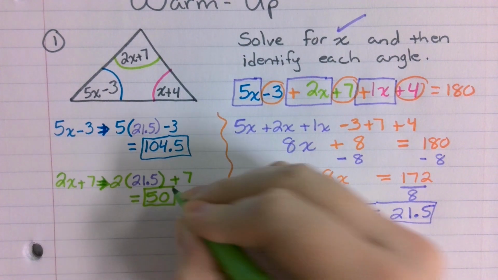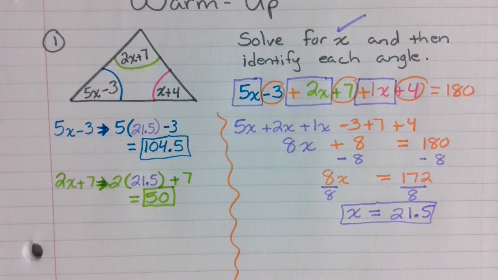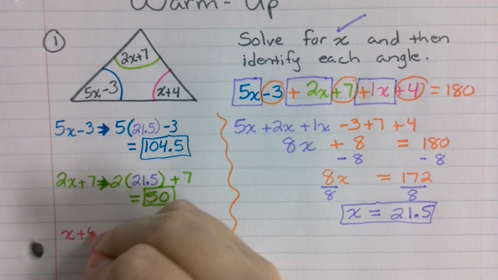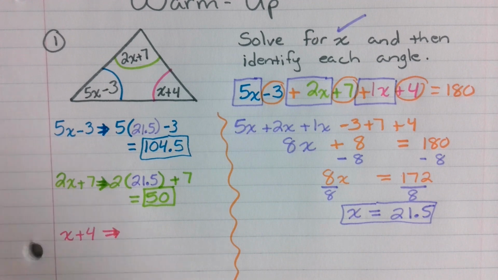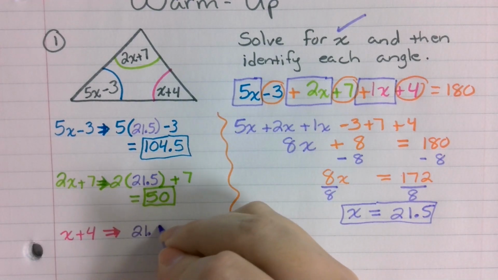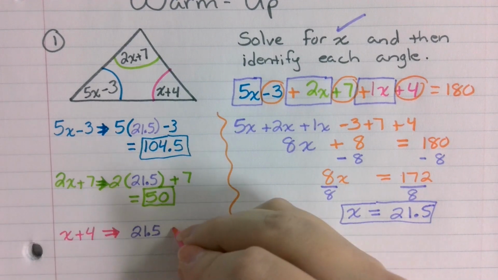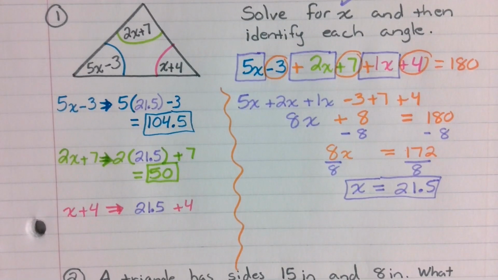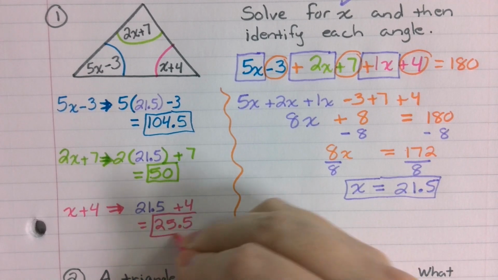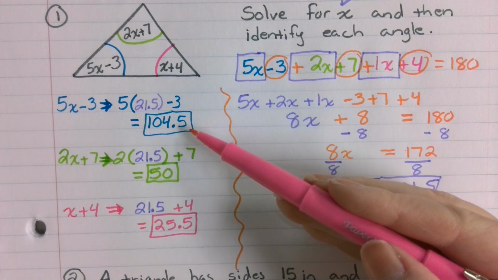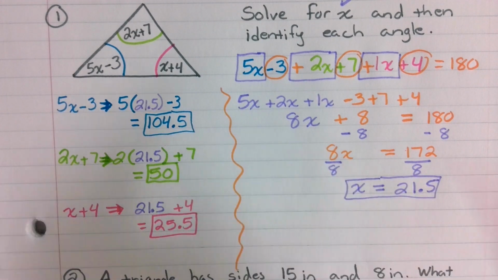So now we have 50 degrees. Okay, then our last one, x plus 4. X plus 4 means that we're going to take 21.5 and we're going to add 4. 21.5 plus 4 comes out to 25.5. And if you wanted to check it, you could add 104.5 plus 50 plus 25.5, and you would get 180.